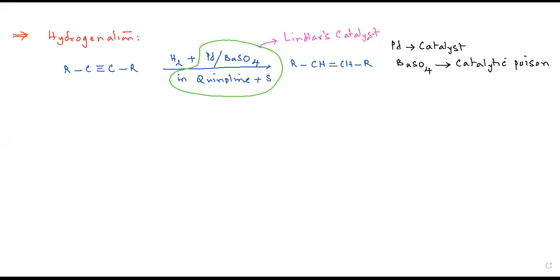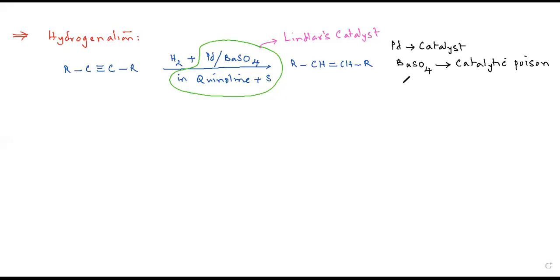Here you got your alkene because you have used a poison, barium sulfate. Otherwise, the catalyst simply allows the next step, which of course gives the alkane. So to stop the reaction at this stage, for partial hydrogenation, we use Lindlar's catalyst.